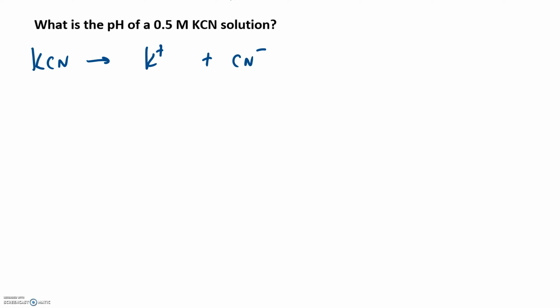This is complete dissociation. It's not a precipitate, and we're assuming complete solubility. And we know that positive ions like sodium, like lithium, don't do anything to affect pH. They have no other function. They are completely inert.